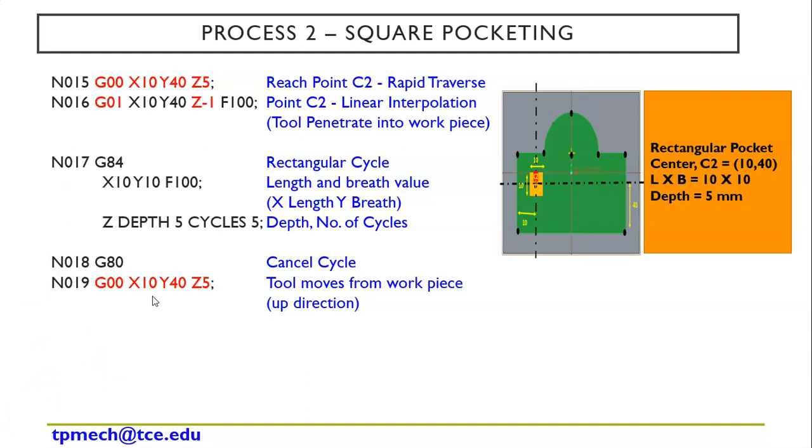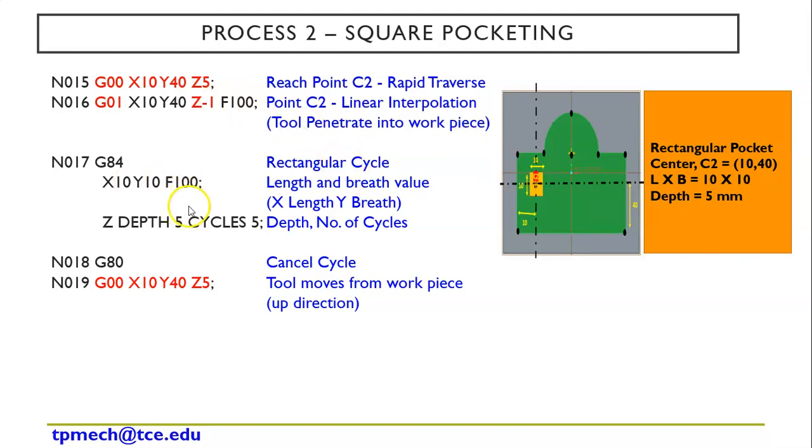So here for square or rectangular pocketing, we need to move the tool from the home position to the center of the pocket. So I'm using rapid traverse G00. Next I'm going to penetrate the work, or we can do a skin touch, so Z equal to 0 can be given. And then I'm going to use G84.